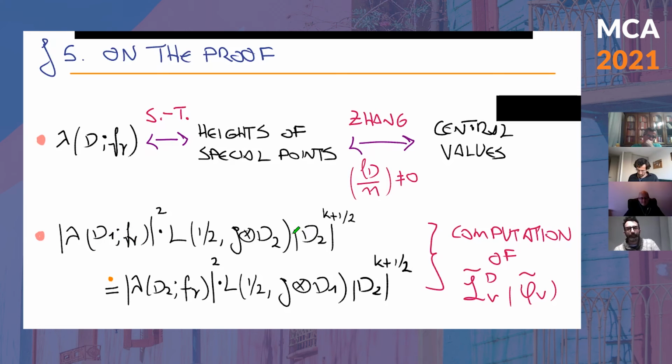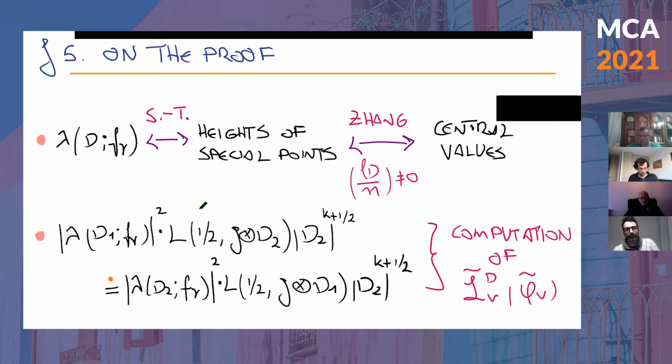This formula, which is already present in Waldspurger's work, relates central values and Fourier coefficients of two discriminants as long as they belong to the same type gamma, whether this symbol is 0 or not.